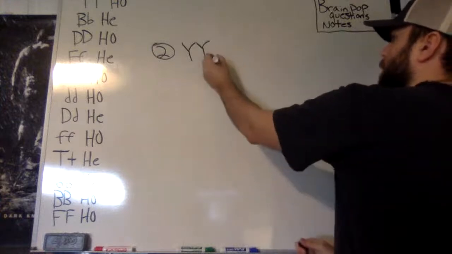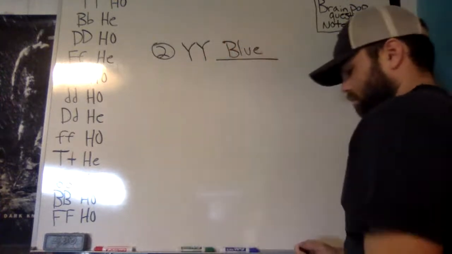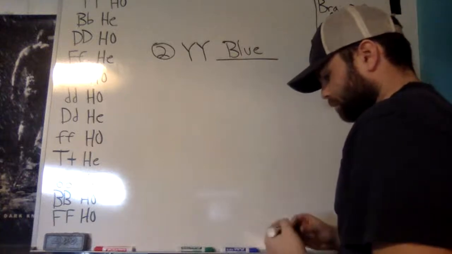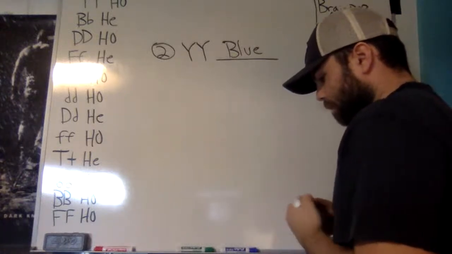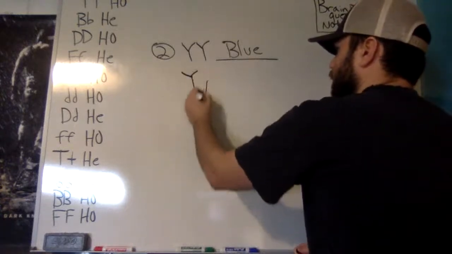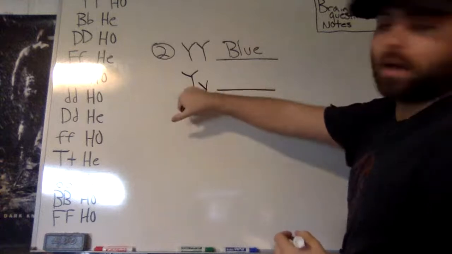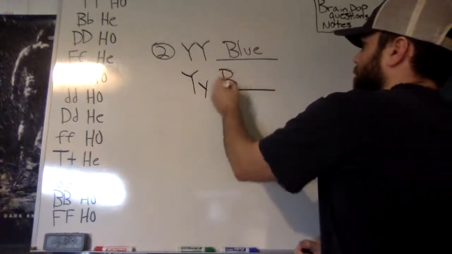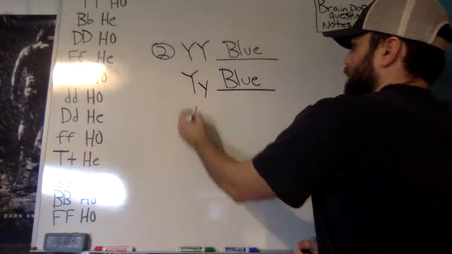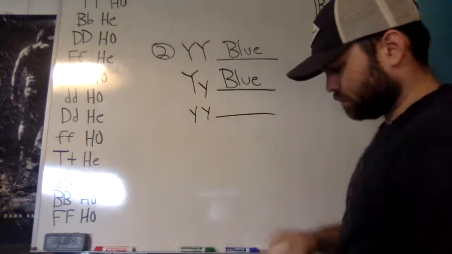If you have two capital Y's, that's going to be blue. If you have capital Y and lowercase y, it's also going to be blue because you have that uppercase Y. Now you have two lowercases. So are you going to have blue?